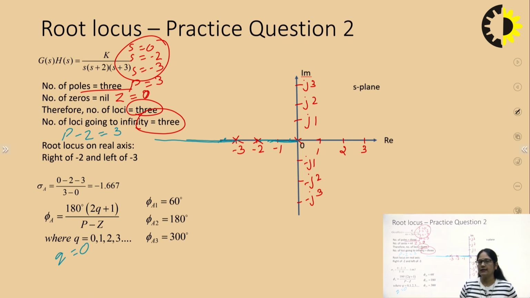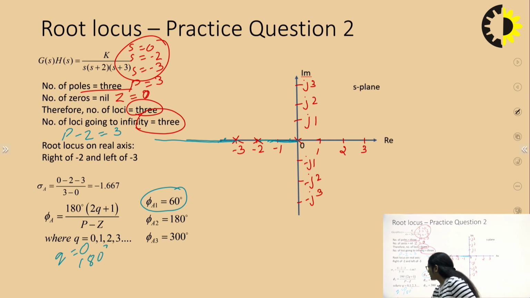So, 3 minus 0 is 3. So, when we put q equal to 0, we get phi A1, that is the angle of asymptote, as 180 degree divided by 3, which is 60 degree.